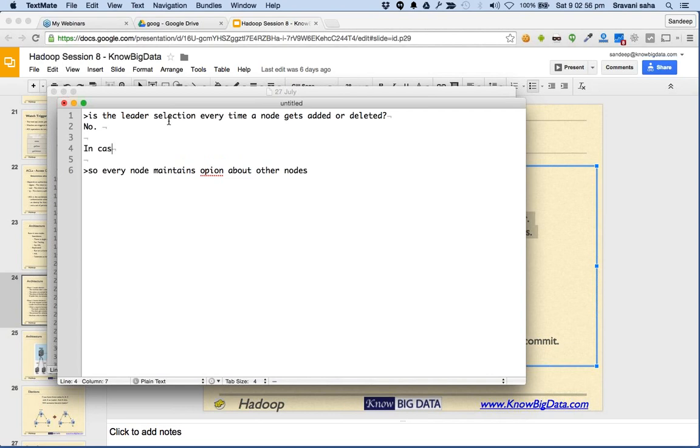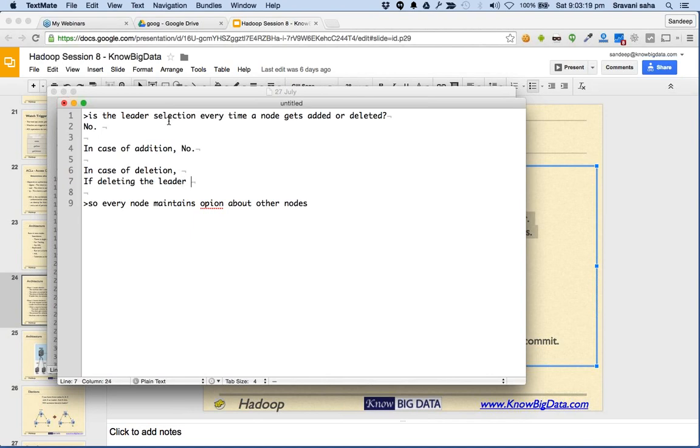In case of addition, no. Second, in case of deletion, if deleting the leader, then yes.